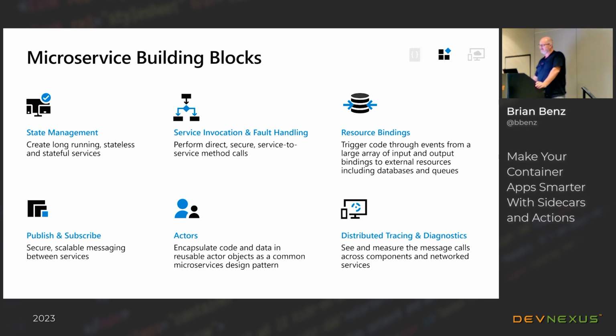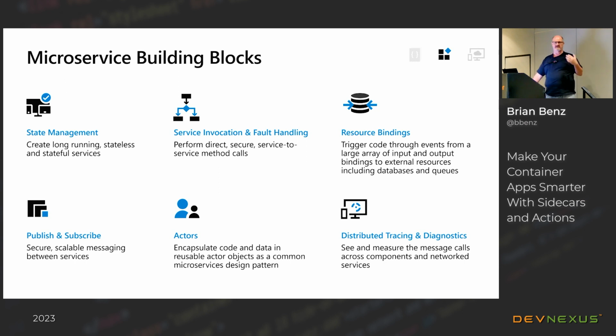And then you have service invocation and fault handling. In that case, also known as resiliency, and being able to recover from a failure and being able to queue up state and any other things that need to be stored in your application while a service might not be available. So when you work with microservices, this is a common problem.